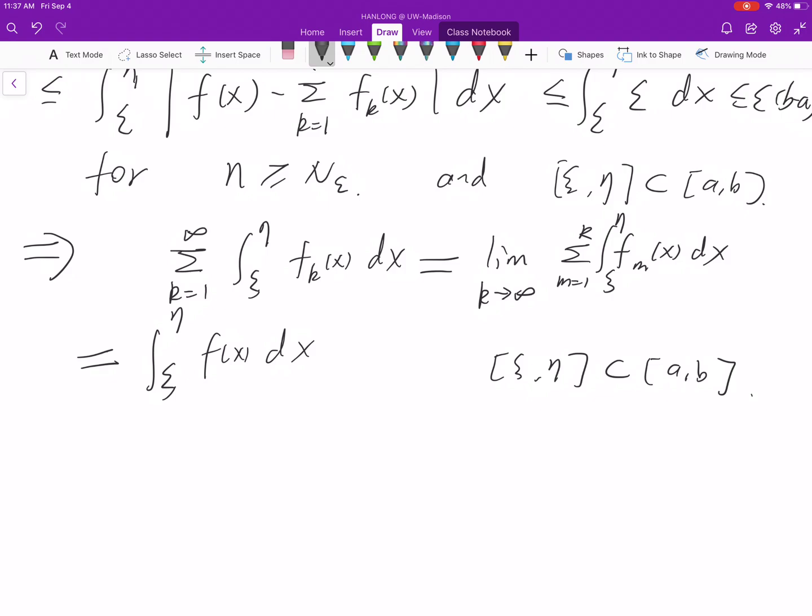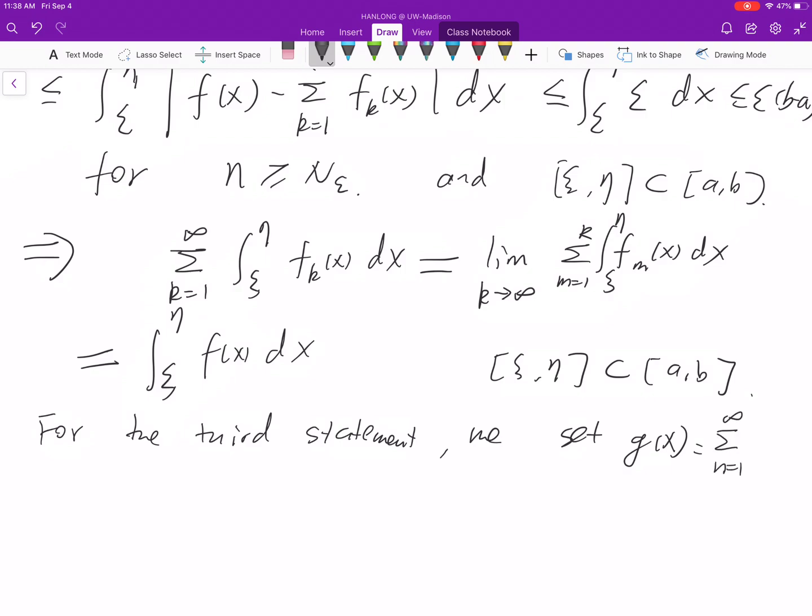So for the third statement, we set g(x) to be the summation from 1 to infinity of fn prime(x).